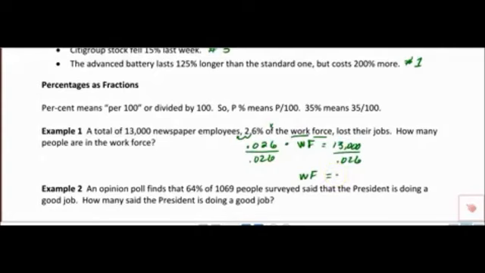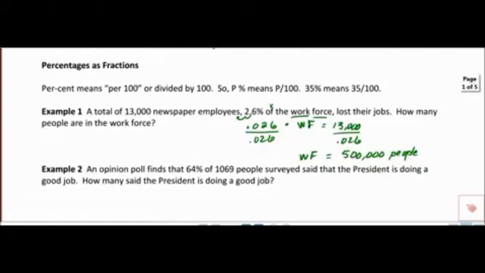And if I divide those two numbers out, I come up with 500,000 people, because workforce is obviously people. And you can always go back and check your work. Find out what 2.6% is of 500,000, and it should give you 13,000.